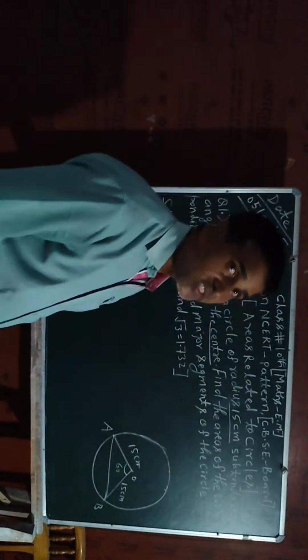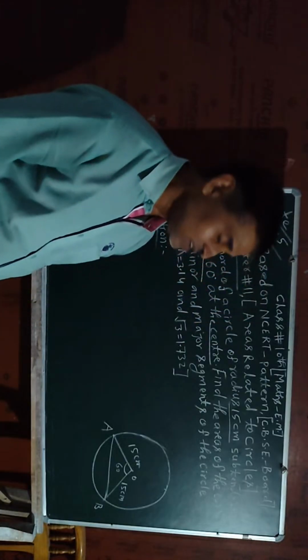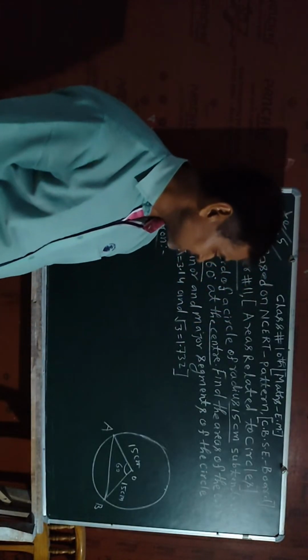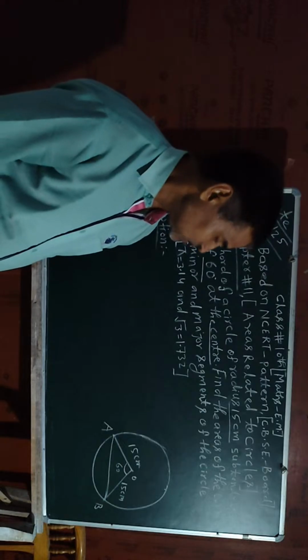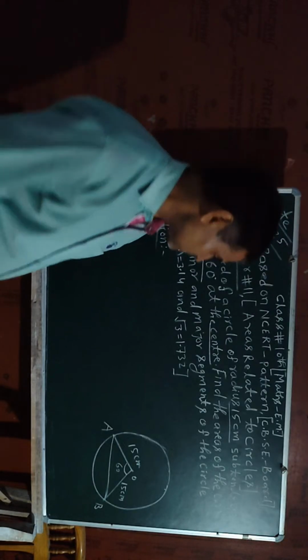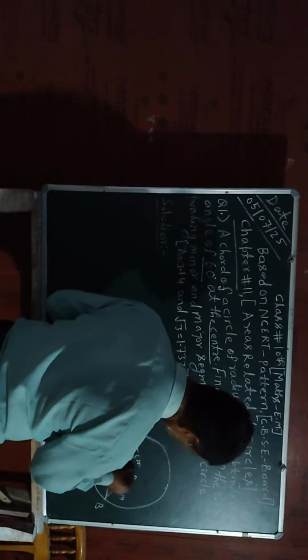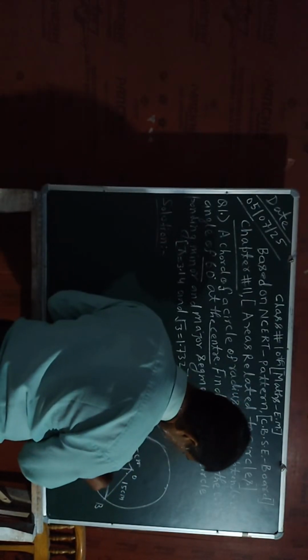Okay. Further here, student, you concentrate for understanding. Now I will draw a line from the center of the circle to the chord. That line will divide the chord AB into two equal parts, so that concept I am going to use here.